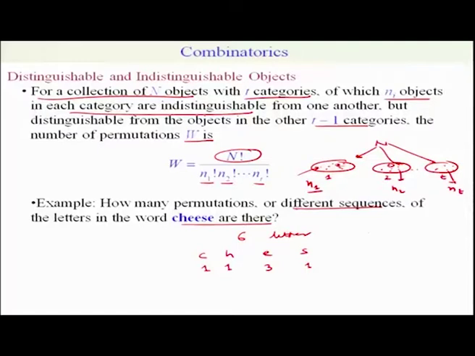So, in this case you have W as 6 factorial divided by 1 factorial, 1 factorial, 3 factorial, 1 factorial. This is the number of possible ways, which is 6 into 5 into 4, that is 120. So, this many different sequences of the letters you can arrange here.